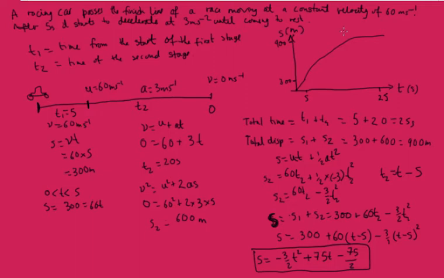We're going to do another example. This time we've got a cyclist, and he travels at a velocity of 15 meters per second when he passes a junction.